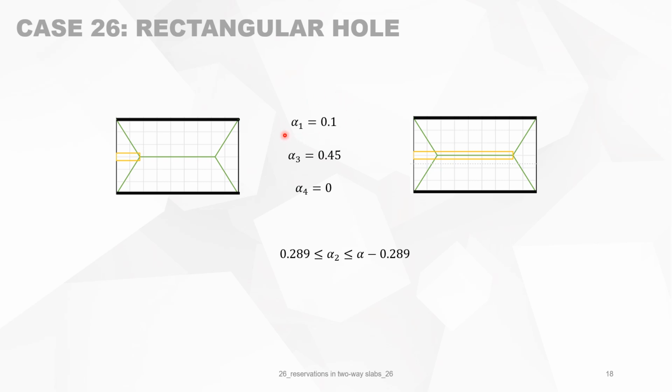So that means that alpha 1, that's the width of the reservation, is 0.1 times A. And that's 0.6 meters, something more than half a meter. Alpha 3 is the position, but it's in the middle of the slab. So alpha 3 is 0.45 and alpha 4 is 0 because alpha 4 starts there.